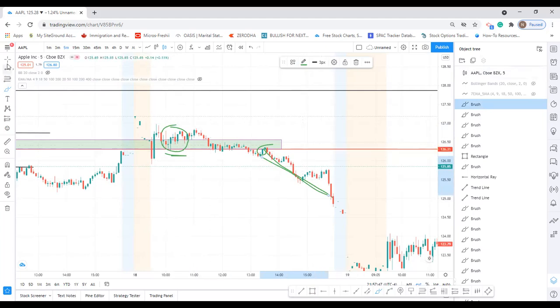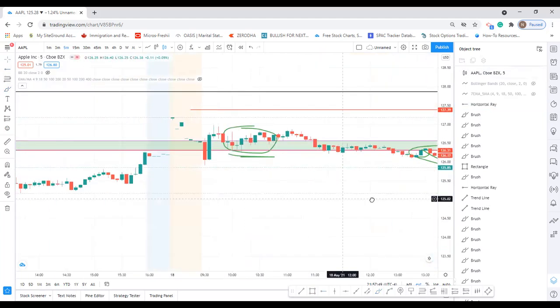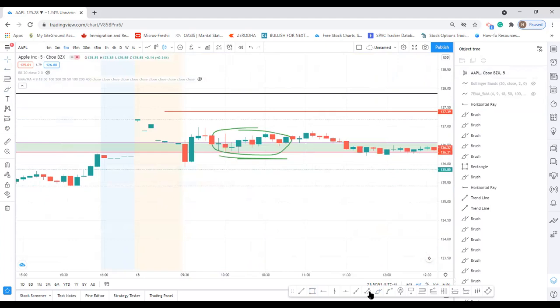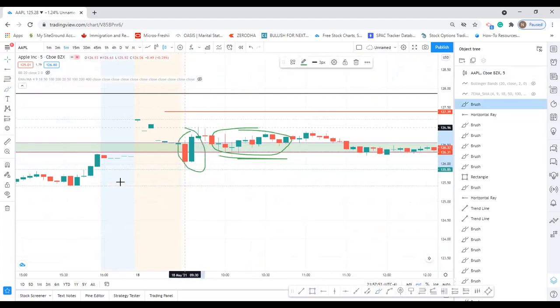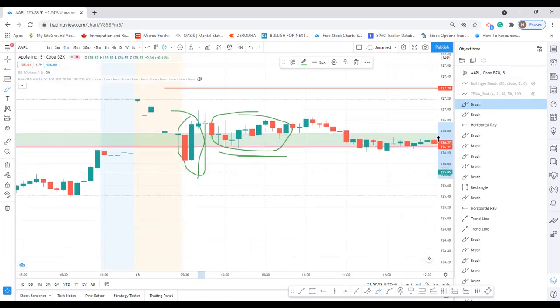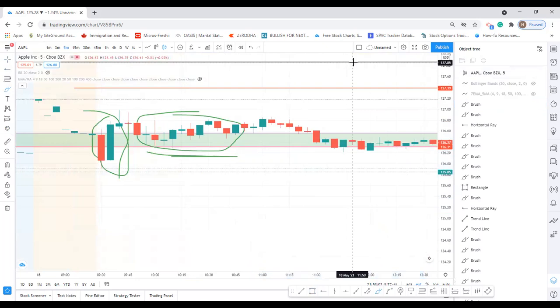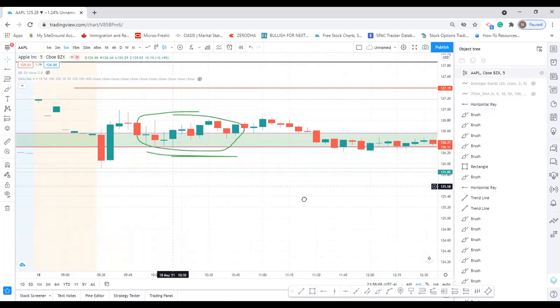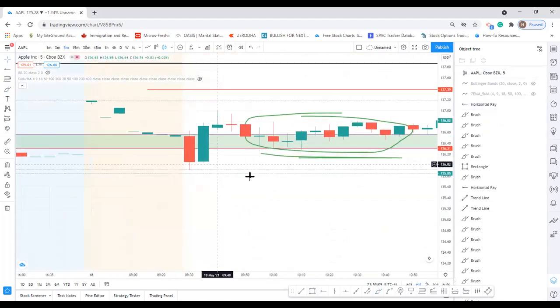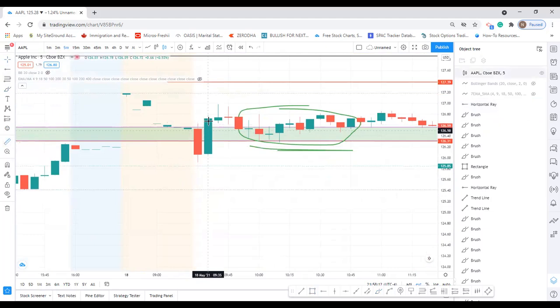Because according to our price action, once it broke the area, you go long, right? You should be going long at that area. If you go long, this will be a stop loss, which is 35 cents.